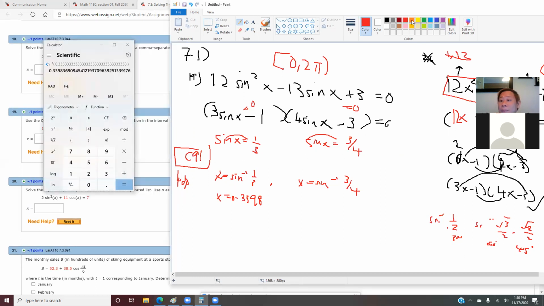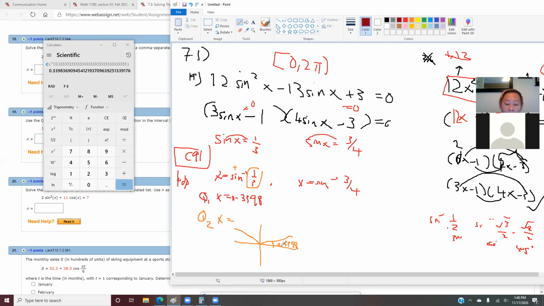But this is something you guys have to pay attention to. This is in quadrant 1. Sine is also positive in quadrant what? 2, yes. So how do you figure out quadrant 2 for this 0.3398 radian? Quadrant 2 is here, right?